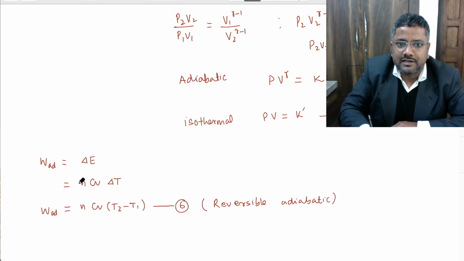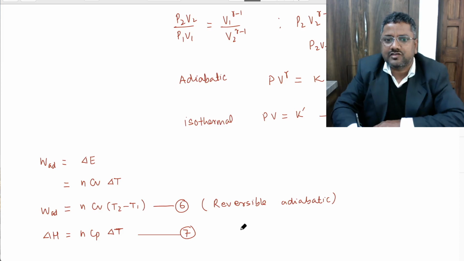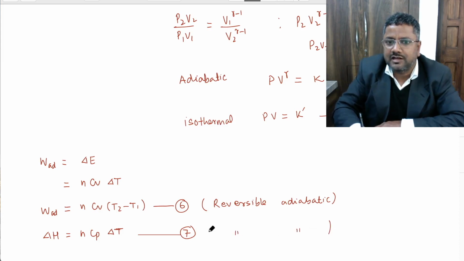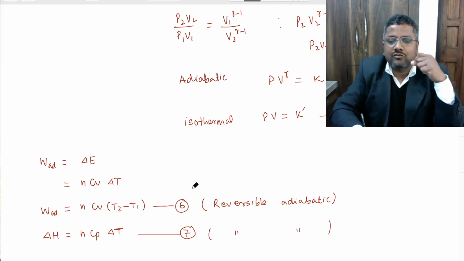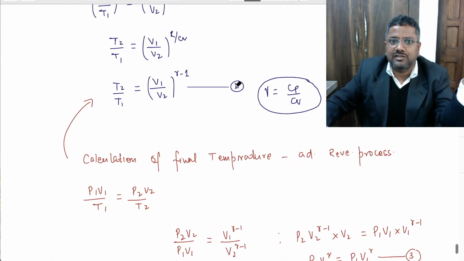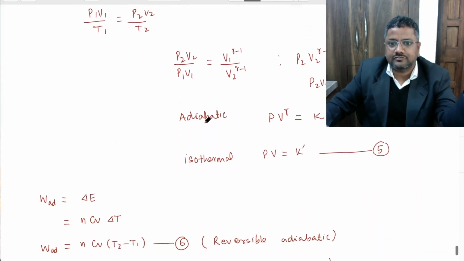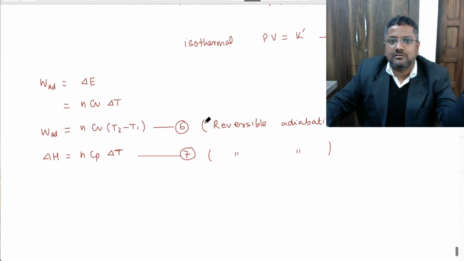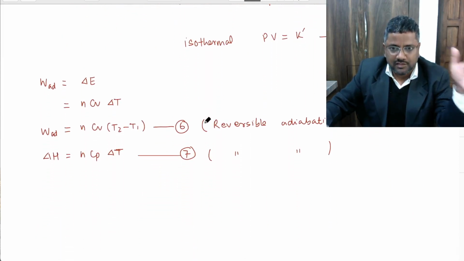And delta E is the same. What is delta H? Delta H is a state function, so you can directly use this delta T. Now you have calculated all the variables in the reversible adiabatic process. How to find the final temperature and final pressure? You have this formula, and by using it you can calculate the final temperature and final pressure, right? So this is the adiabatic reversible process.